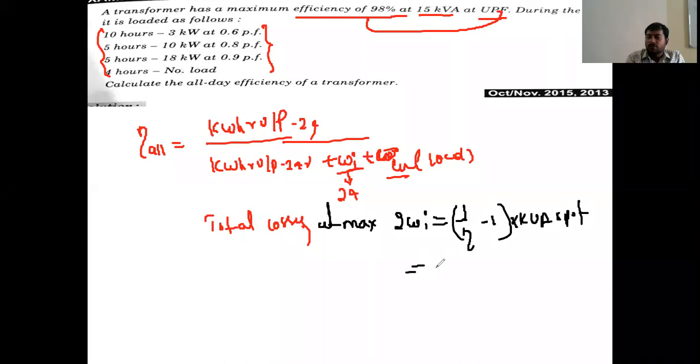That is (1 by 0.98 minus 1) into 15 kVA into a power factor of 1.